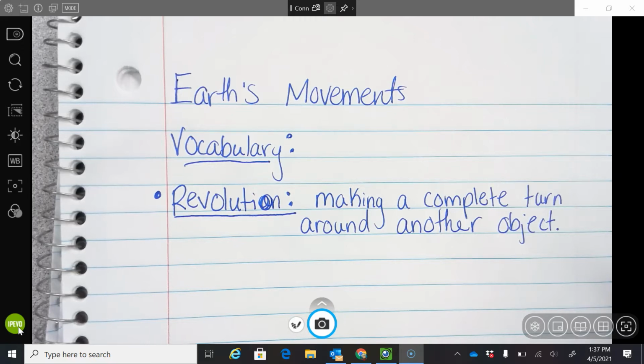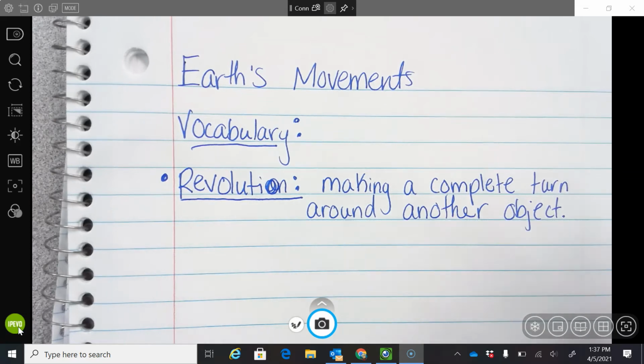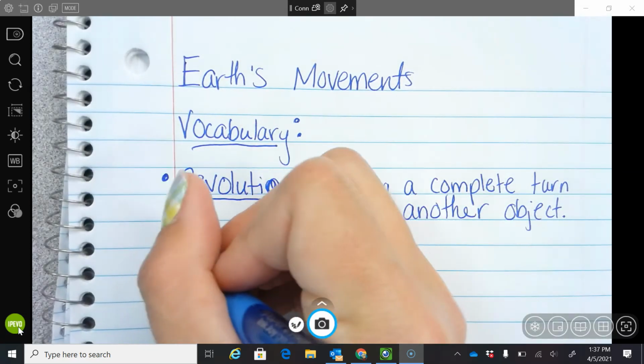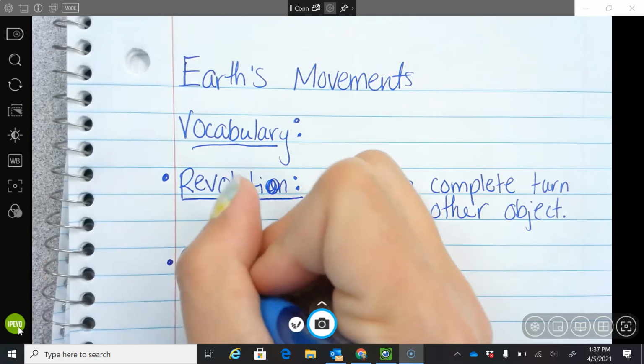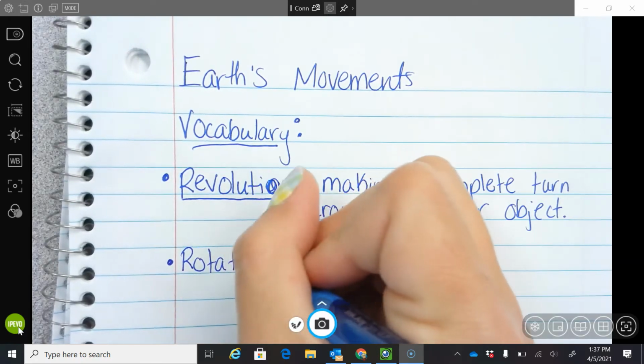Revolution, making a complete turn around another object. Celestial.